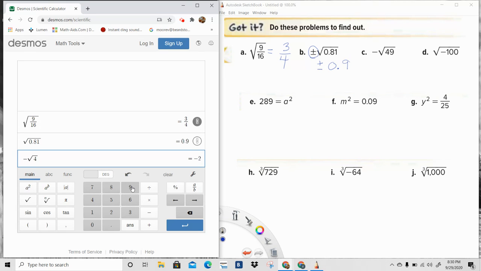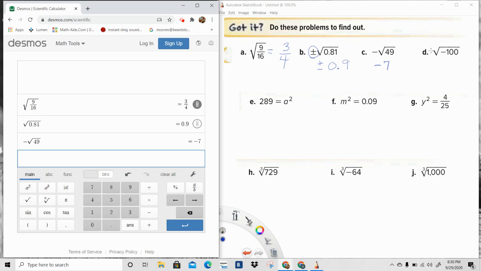Punch in 49. And as you can see, it gives us the answer as -7. So if you use this calculator to type things in exactly as they appear on the page, it's going to give you the right answer. Okay? But what this is telling us is that the negative is outside. So what they're looking for is the negative number that you can square to get 49.